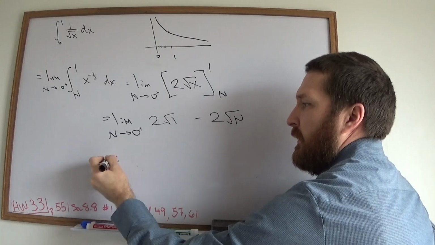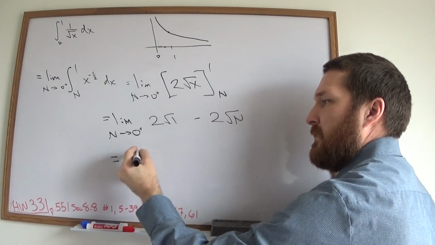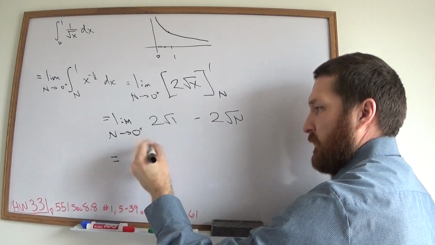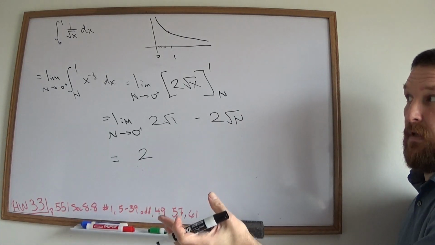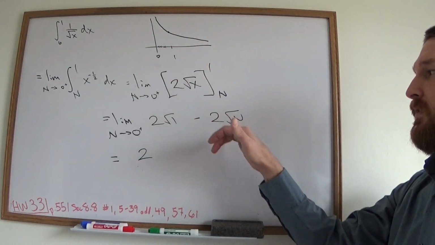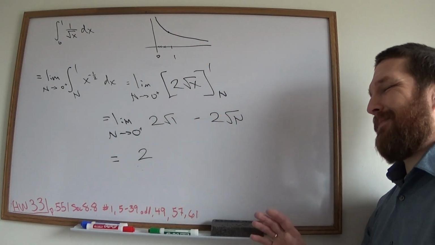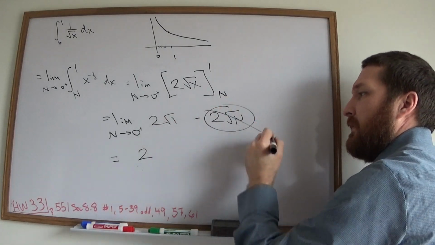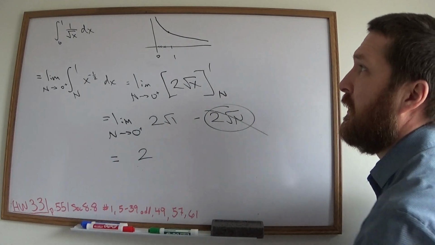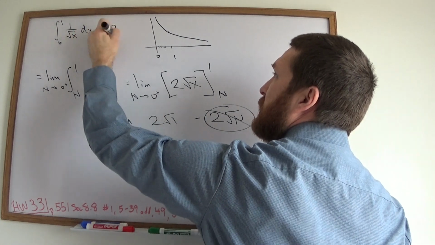As n goes to 0, no problem there. We're going to 0 from above, so you don't need to worry about negative, and that doesn't matter anyway. This thing goes to 0, and so it's just 2. And so it converges to 2.